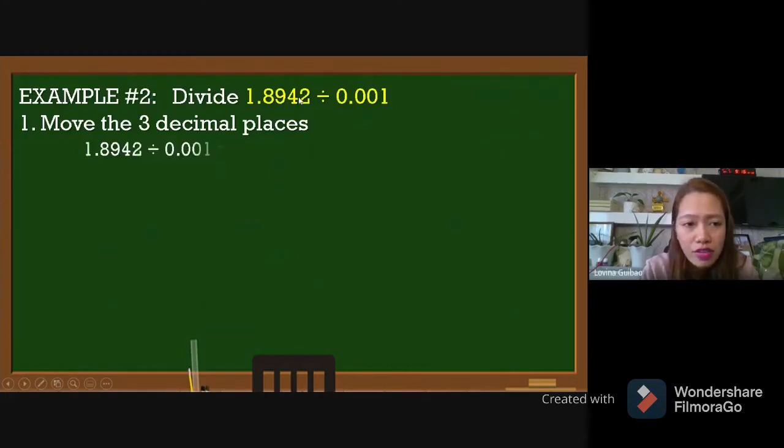Let's see if our answers are correct. Good. So the decimal point moves and it becomes 1,894.2. 3 ang ginalaw niya. Kasi 3 ang number natin sa decimal number.